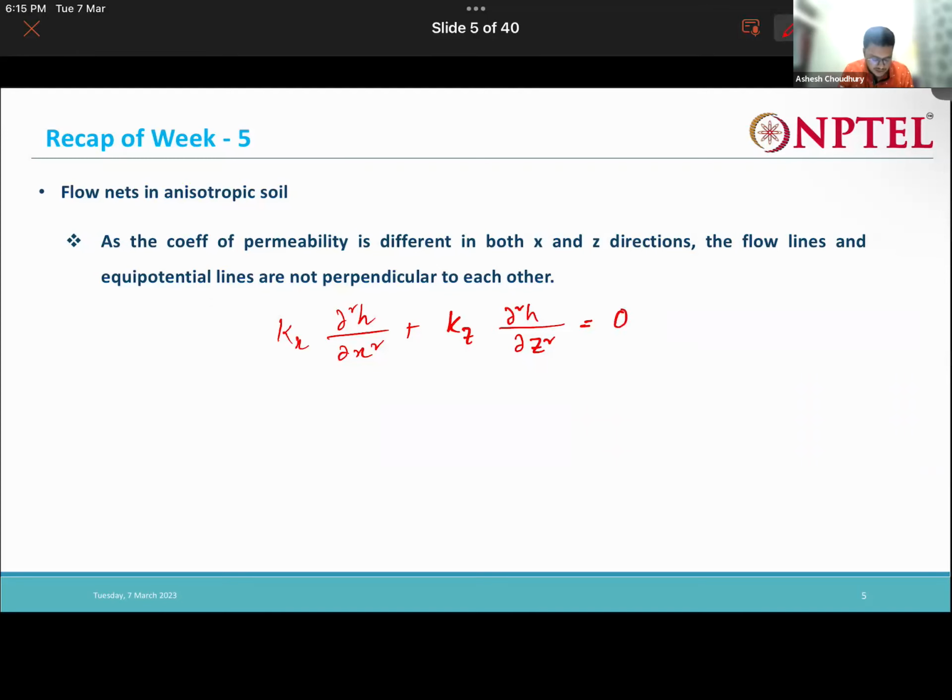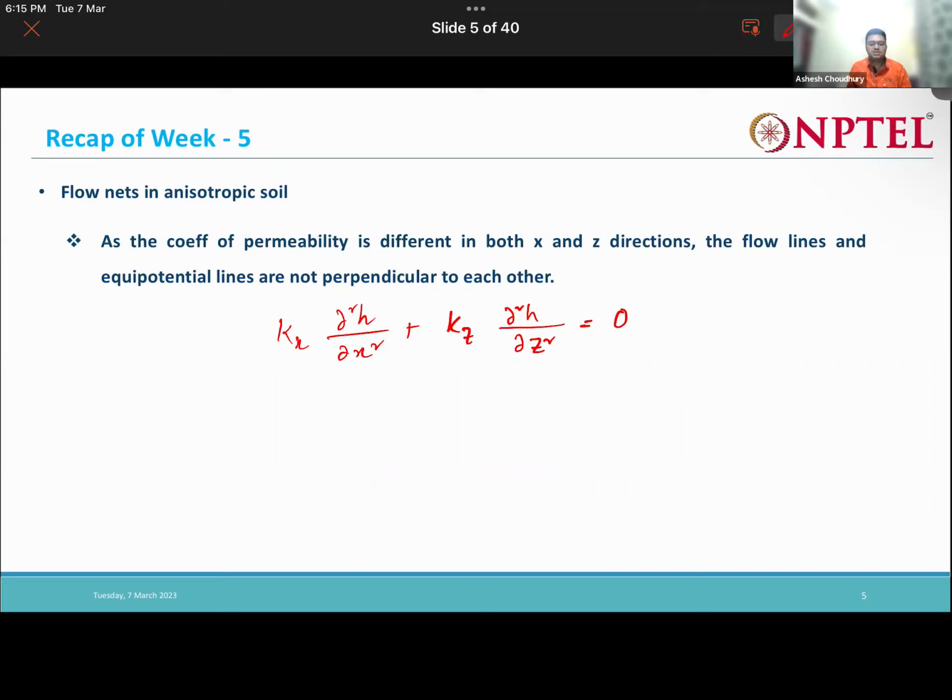Previously Kx and Kz were equal, so our equation just simplified as dou square H by dou X square plus dou square H by dou Z square. But now, as Kx and Kz are unequal, we cannot cancel them.